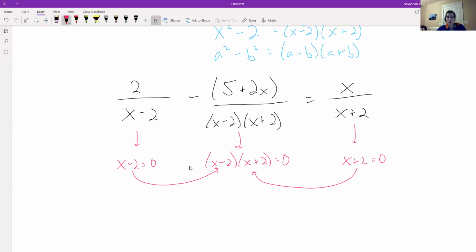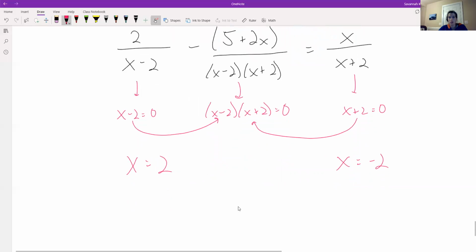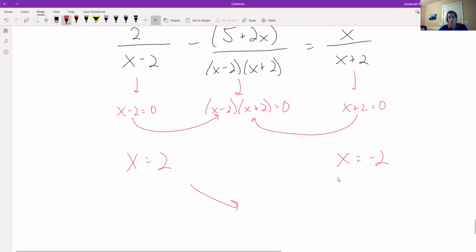So either way you want to look at it, you've got a lot of repetition. Bottom line, x equals 2 and x equals negative 2 are the possible extraneous solutions. I didn't technically set the middle equal to 0 because both pieces of the middle denominator are already covered.